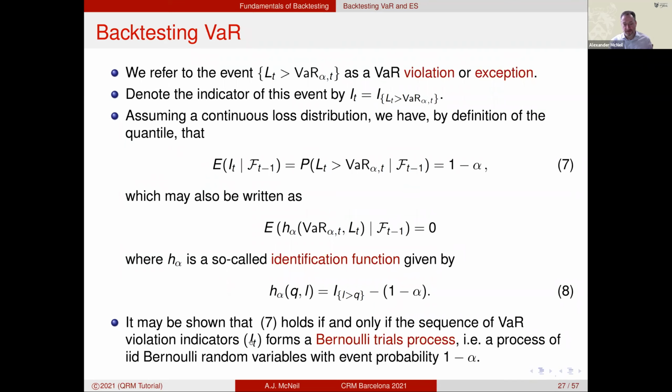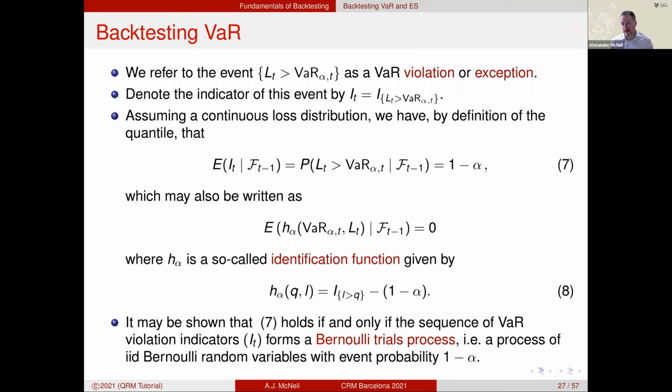So the probability of an exception is 1 minus alpha. If alpha is 99%, this probability is 1%. So that's the meaning of a Bernoulli trials process. And that is testable. So that is a property of these exception indicators that we can test.